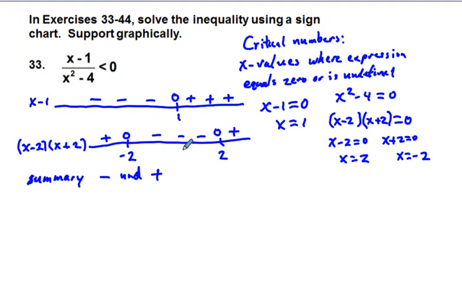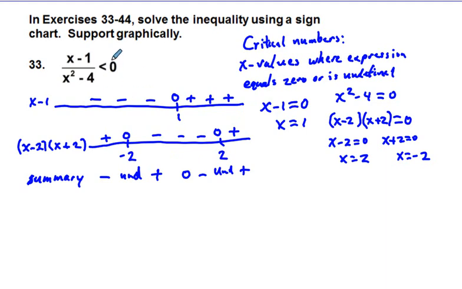We have 0 divided by negative, which is 0 at x equals 1. Then between x equals 1 and 2, we have a positive divided by negative, which is negative. And then at 2, we have positive divided by 0, which is undefined. And then finally, greater than 2, we have positive divided by positive, which is positive.